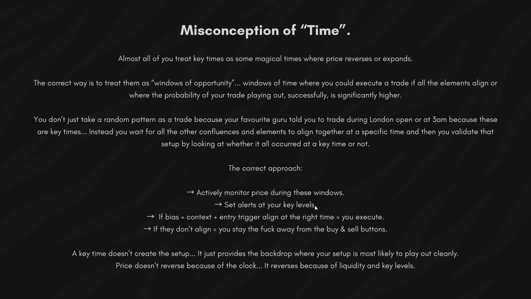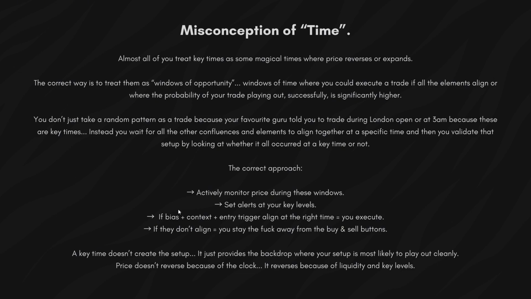But if only the entry model or the context is present at the right time, then you don't execute, because you still have to wait for the bias. You don't just take that trade because you have a context and an entry model and it has all aligned at a key time, and now you think it's going to play out regardless of the bias not being present there.